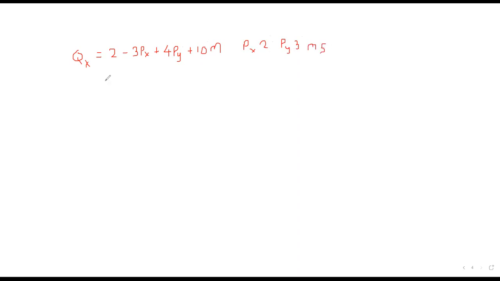So number 1, find the current demand for the Q, the current output. Here you simply substitute. Where there's Px, what are we putting? 2. Where there's Py, what are we putting? 3. And where there's M, what are we putting? 5.